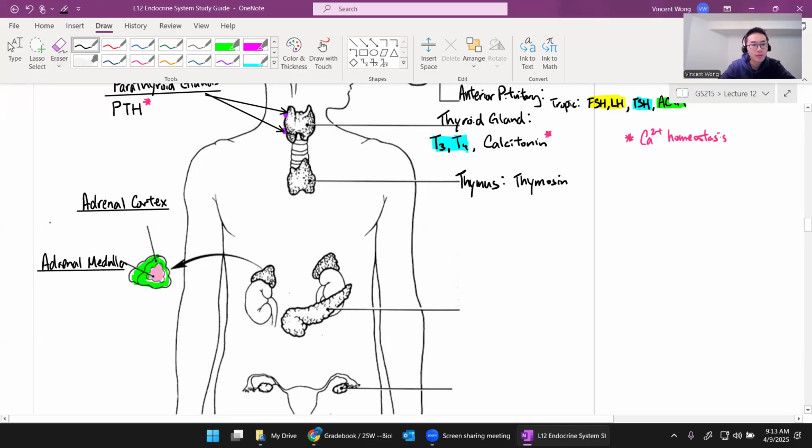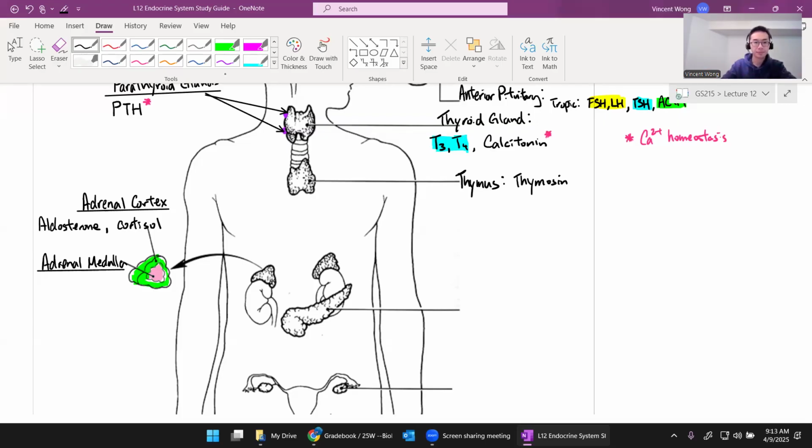The cortex releases aldosterone and cortisol. Remember, these are examples of a group of hormones, right? The mineralocorticoids and the glucocorticoids.